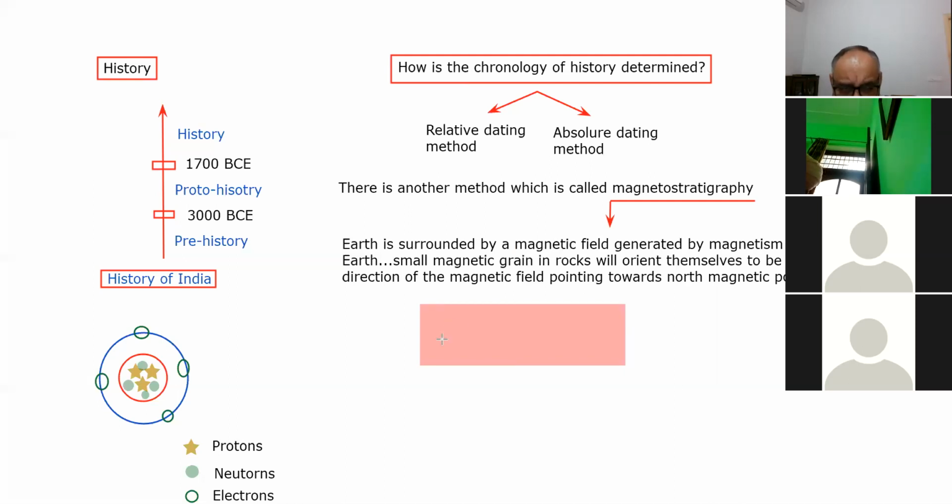So that is basically in the order of the magnetic field of the earth at that time, in the order of the direction of the magnetic pole at that time when that particular rock was formed, right? So let's suppose कोई rock आज से 10,000 साल पहले बनी और आज से 10,000 साल पहले अर्थ का जो मैग्नेटिक पोल था वो कहाँ था? नॉर्थ मैग्नेटिक पोल किस डायरेक्शन में था?